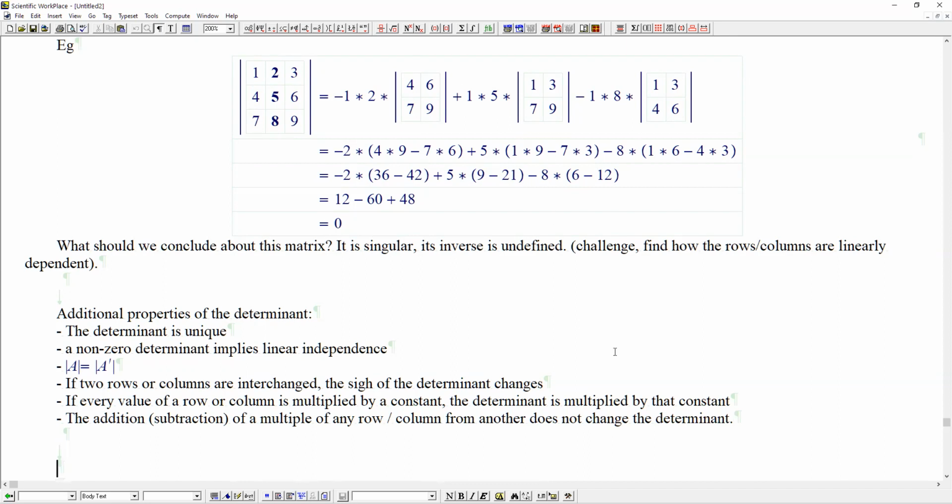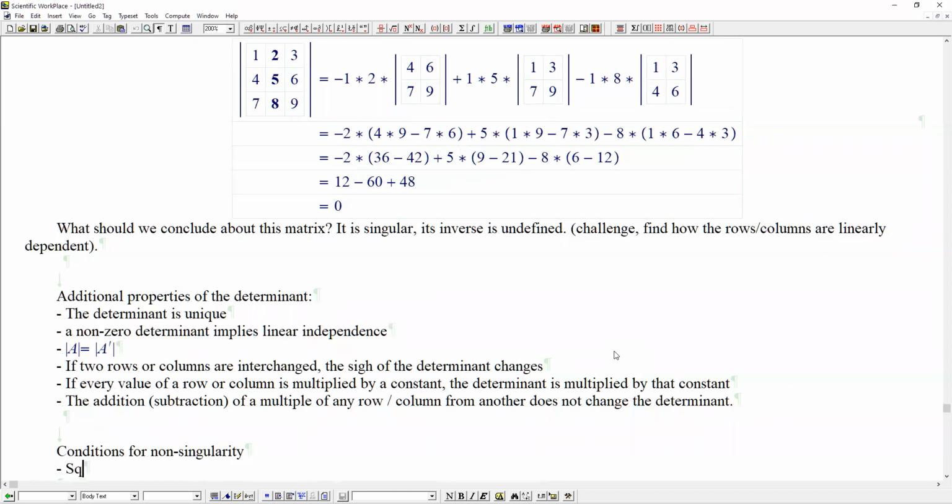And then the condition for non-singularity: squareness.